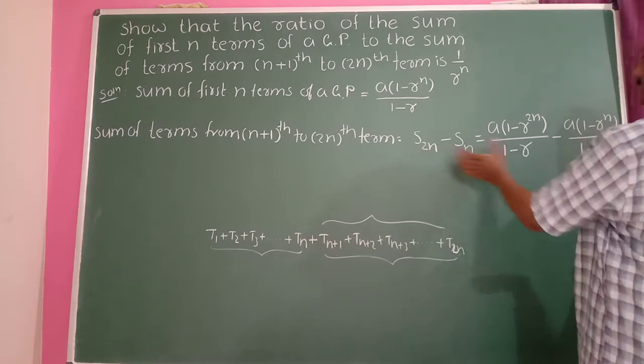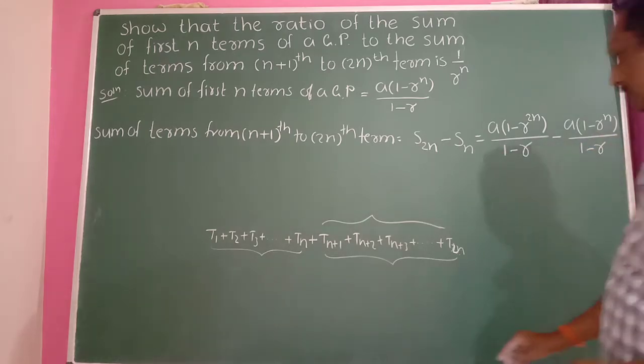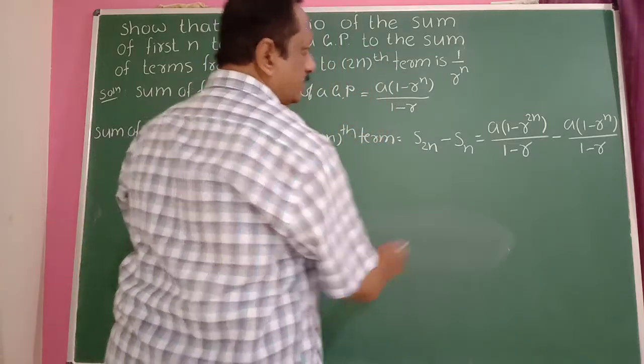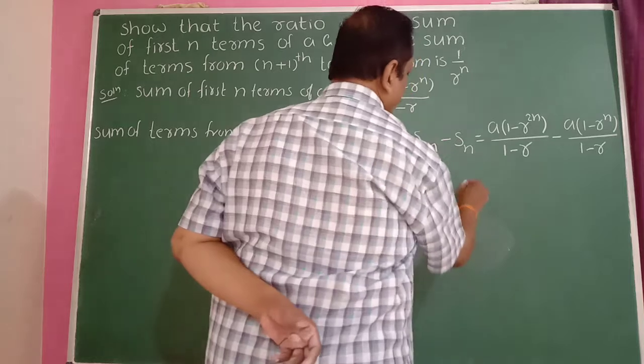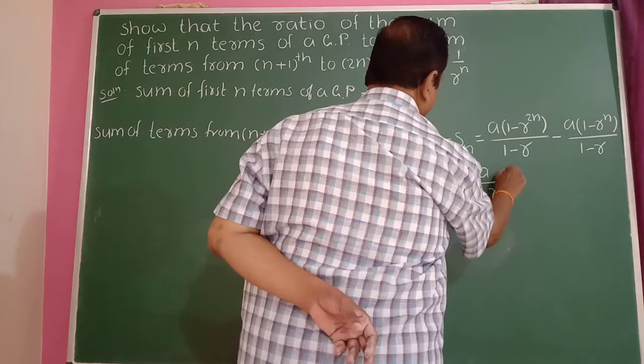S of 2n is this, minus S of n is this. Then take the common factor from these two terms: a divided by 1 minus r is the common factor here.